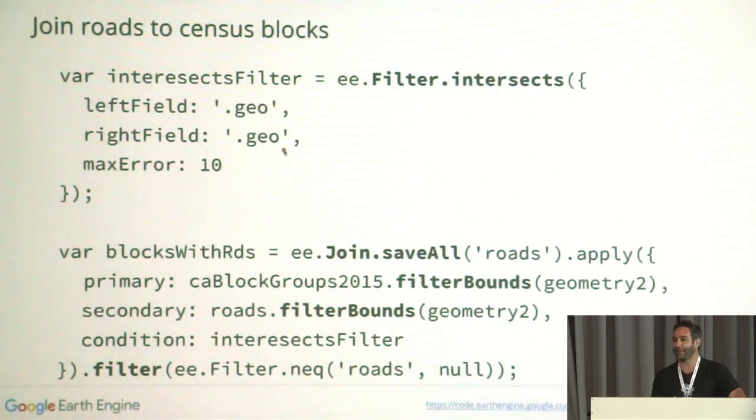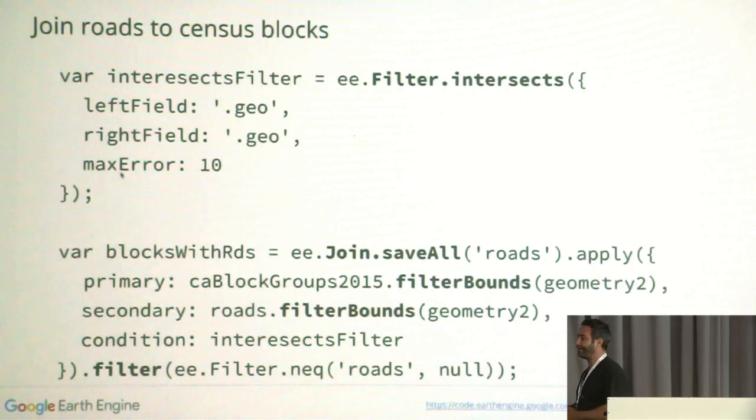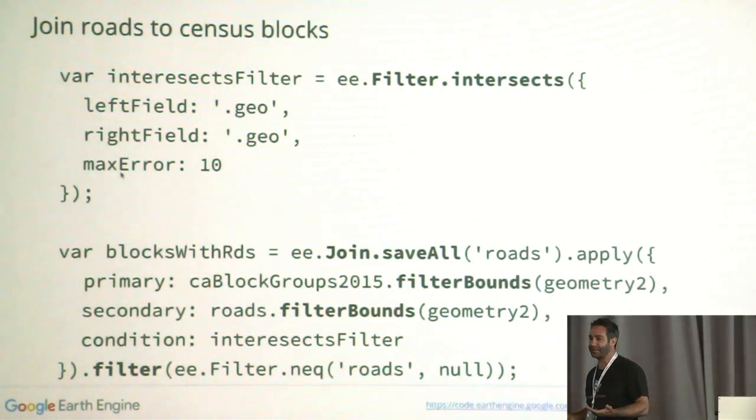So by specifying .geo, you are performing a spatial join. And in general, it's good practice to specify an error margin. And that error margin is used in reprojections, if reprojections need to be done at some part of this process.